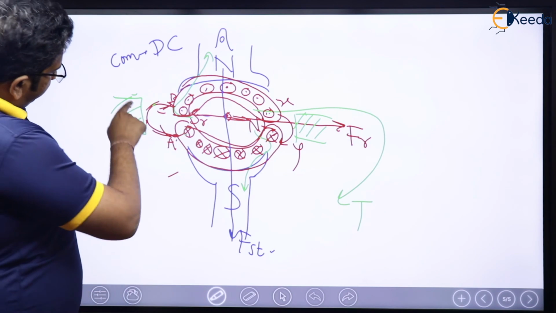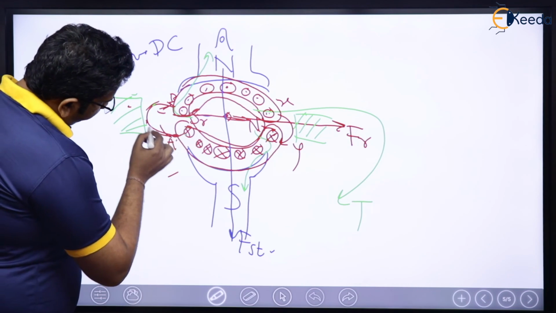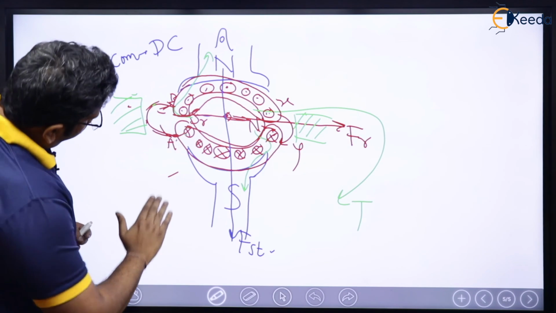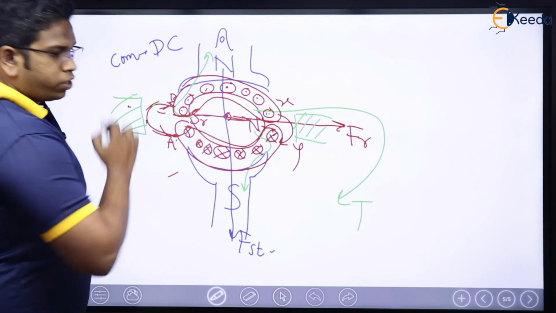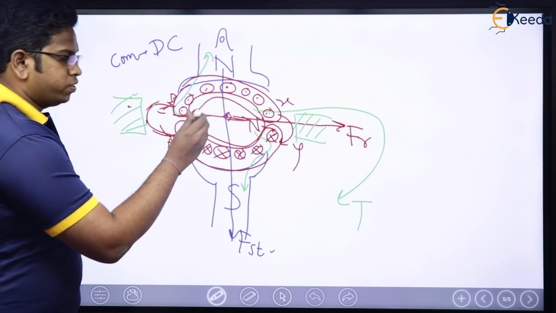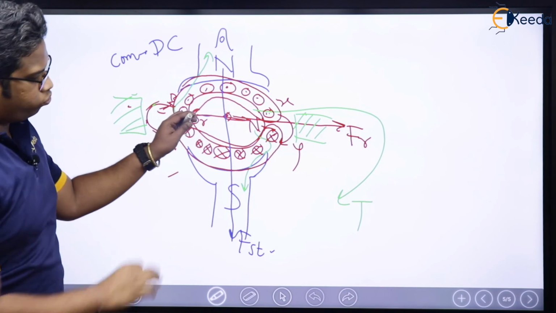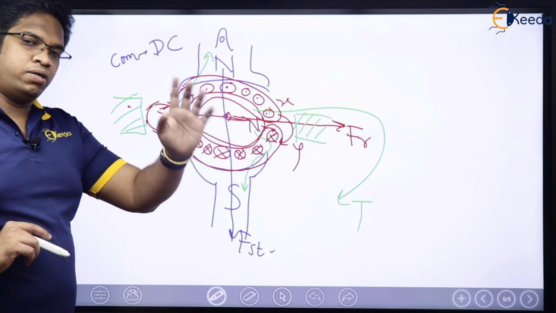But because of the arrangement of the commutator, even if this conductor is moving from A to B, the moment conductor A crosses the commutator, the cross direction of current, meaning inward current, will change to outward current. How it is actually happening, we will see in DC machines.